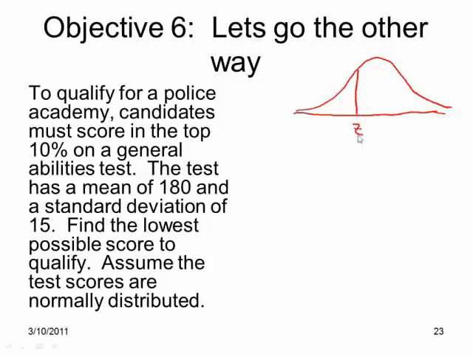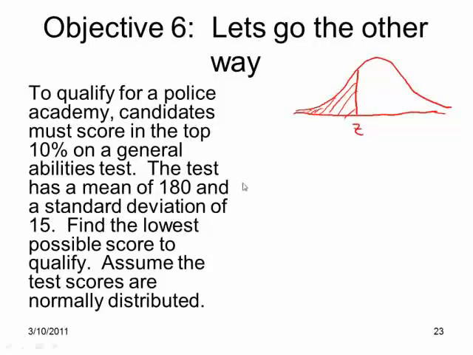So if we have a z-value and we look at the tables that we were working with earlier, they would give us this percentage right here. And going back the other way, if we were given the percentage, we needed to come up with a z-score, and then from that z-score we can go back into the x realm.